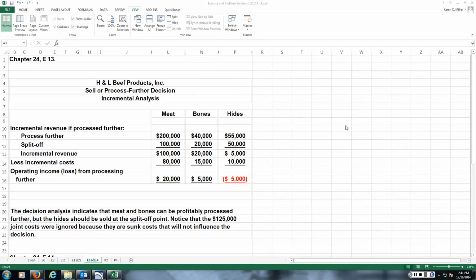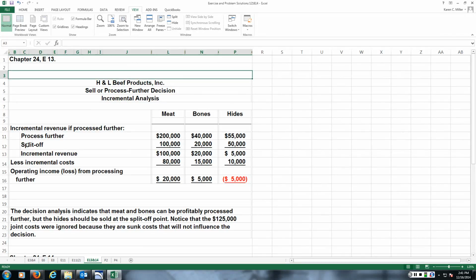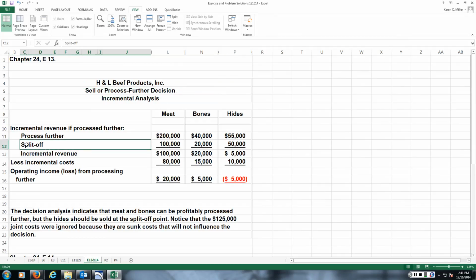So if you'll look at our example, they have provided for us kind of in a different format, but if I sell any of these products at their split off point, the meat before it's cut into steaks, the bones before it's processed into fertilizer, the hides before it's processed into leather, these are the sales. Okay, this is incremental revenue.